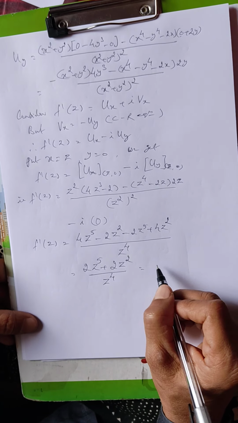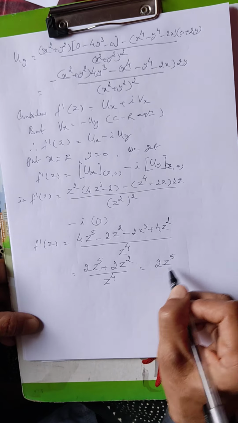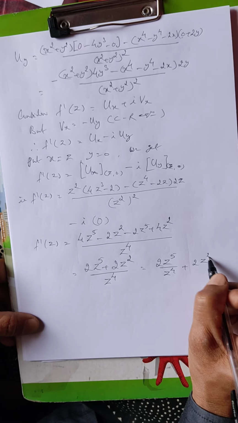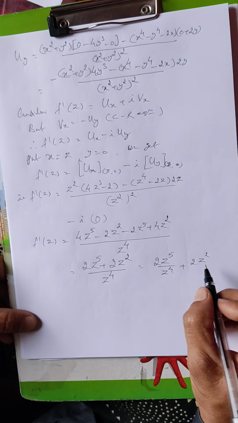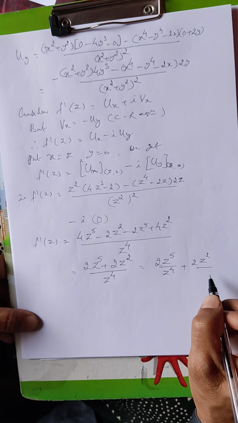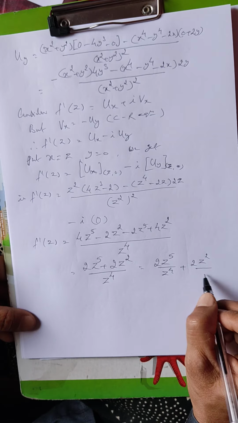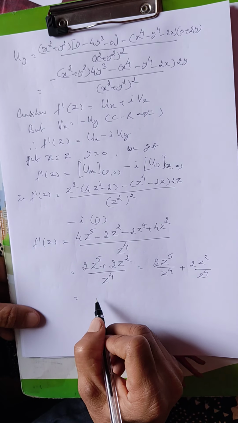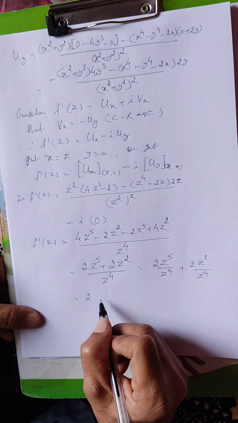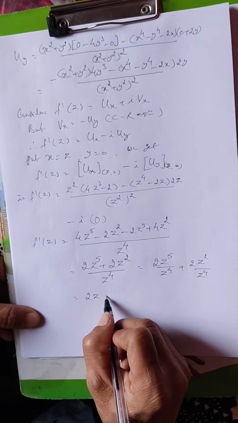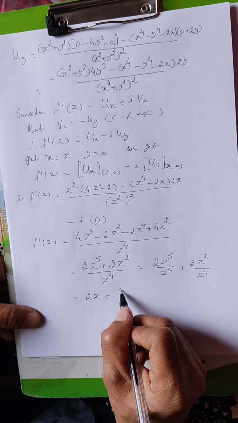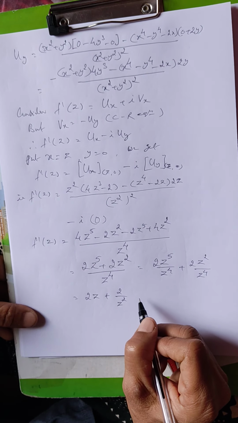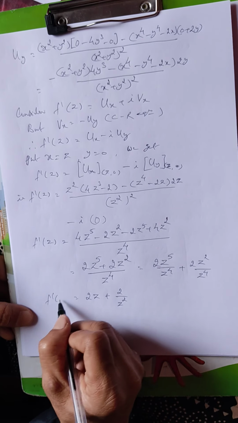So that is equal to 2z power 5 by z power 4 plus 2z square by z power 4. That is equal to 2 into z power 5 by z power 4, which is z, plus 2z square by z power 4, which is 2 by z square. That is f dash of z.